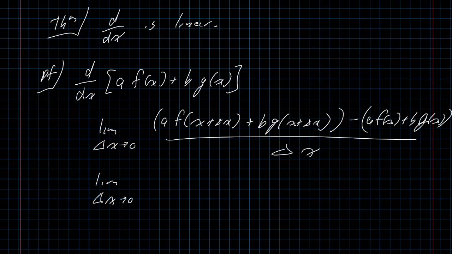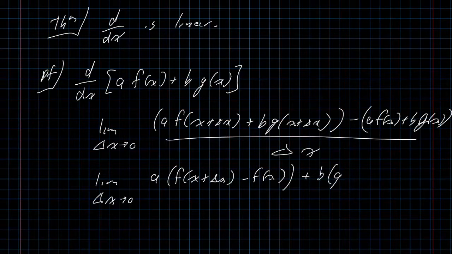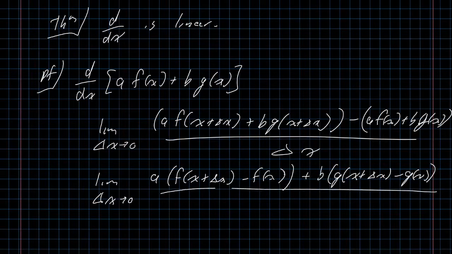Just regrouping some stuff here. This is a times f of x plus delta x minus f of x, grouping together the stuff that has a's and factoring out the a, plus b times g of x plus delta x minus g of x, just grouping together the stuff that has b and factoring out the b, all over delta x.